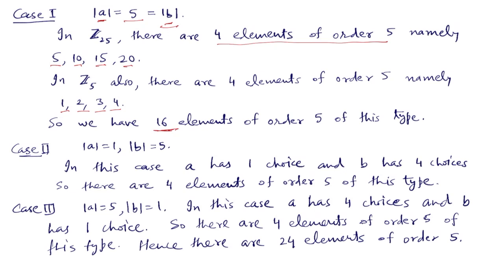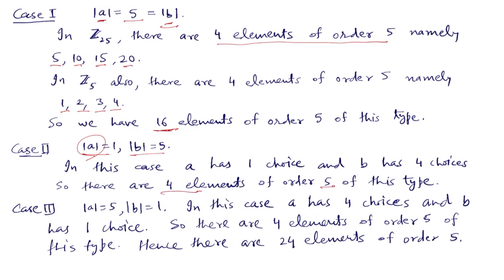Second case is when the order of a is 1 and the order of b is 5. In this case a has only one choice: a can be the identity, and b has the same 4 choices as before. b can be 1, 2, 3 or 4. So in this case we have 4 elements of order 5.